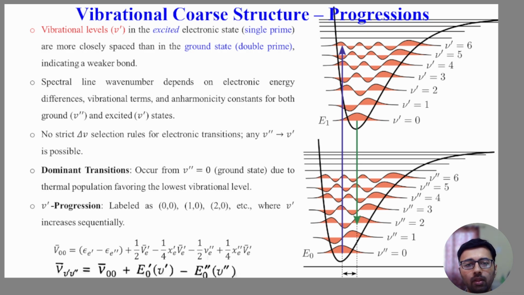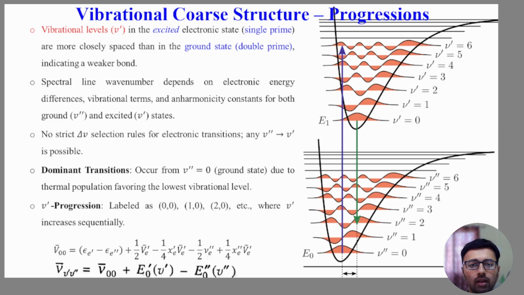When we observe a sequence of transitions originating from the same lower state, we call this pattern a vibrational progression. For example, consider the following transitions: 0,0; 1,0; 2,0; 3,0.